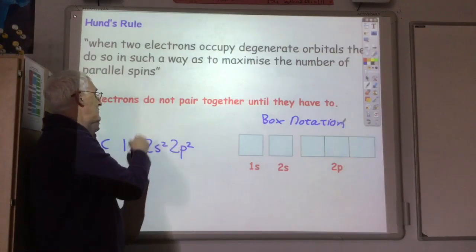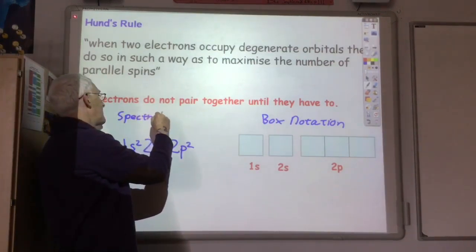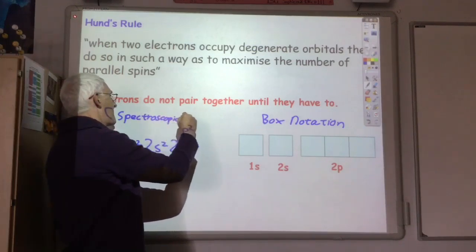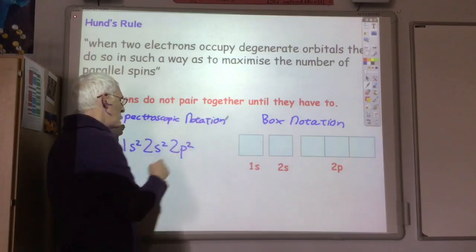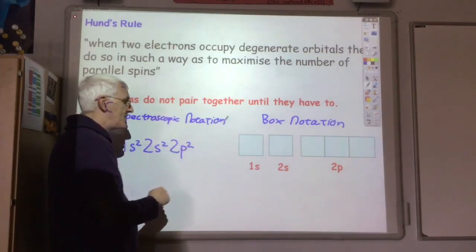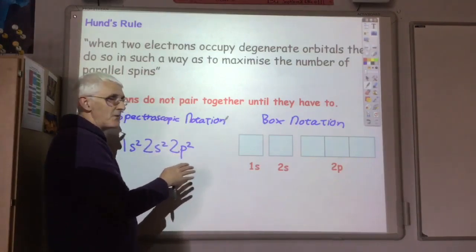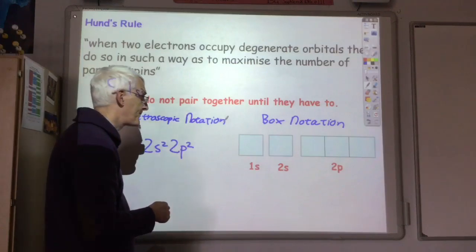Whereas this is known as spectroscopic notation. We generally use spectroscopic notation more often than box notation because it's easier to write. But there's a few instances like here where you get extra information using box notation.